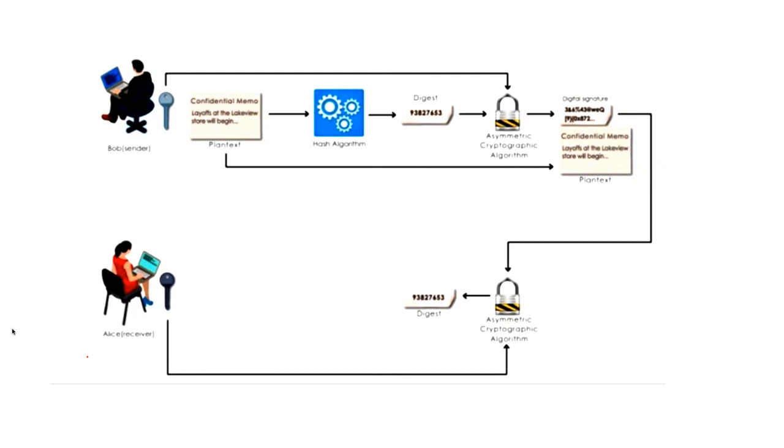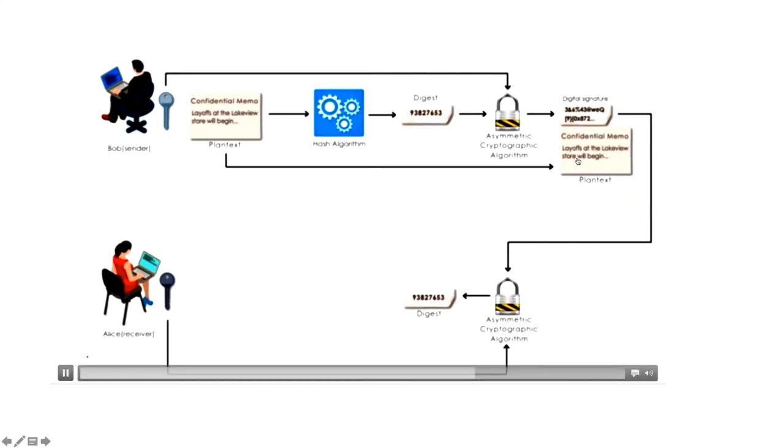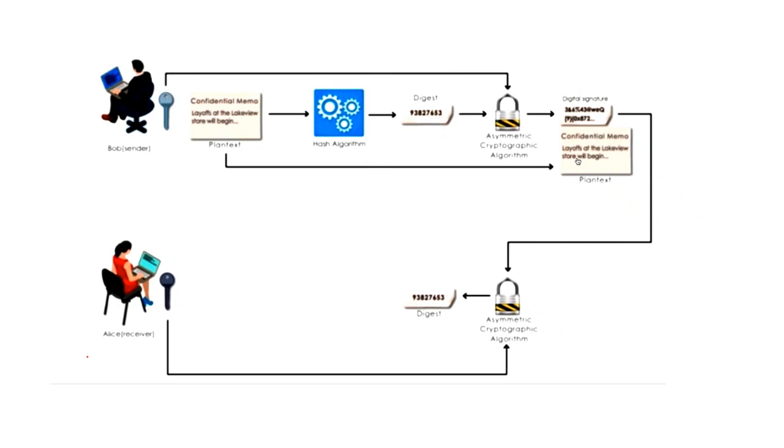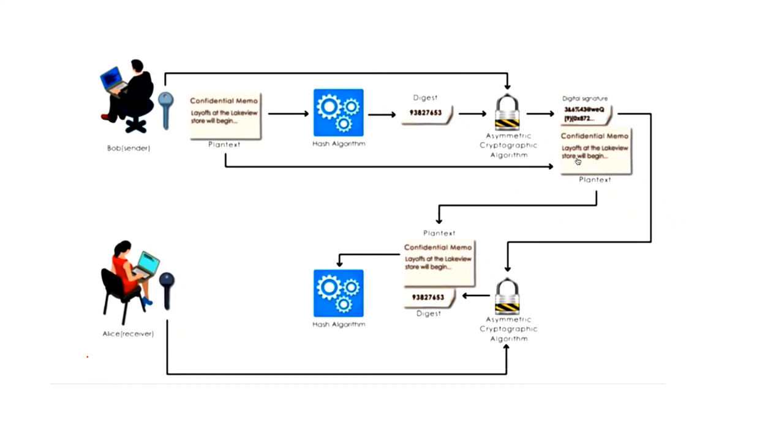Now, along with that digest, Alice received the plain message. So that plain message will be given as an input to the same hash algorithm which is used by Bob, and that hash algorithm generates the digest.